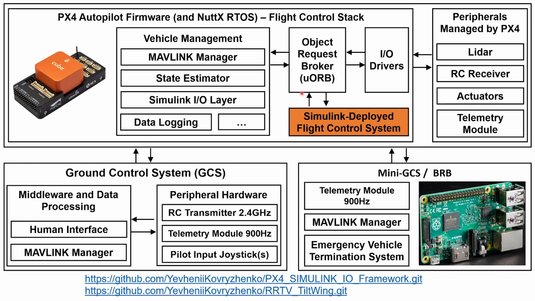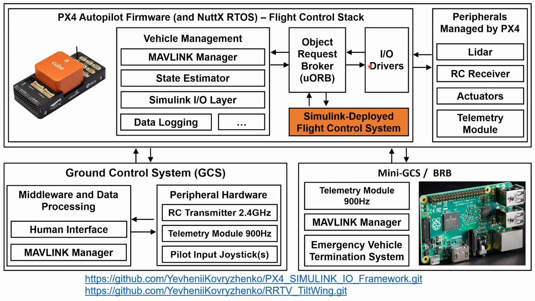But the idea here is that we have a Simulink deployed flight control system. So it's literally your Simulink control system model that you want to codegen and deploy and run on board and use the existing capabilities of your PX4 Autopilot.